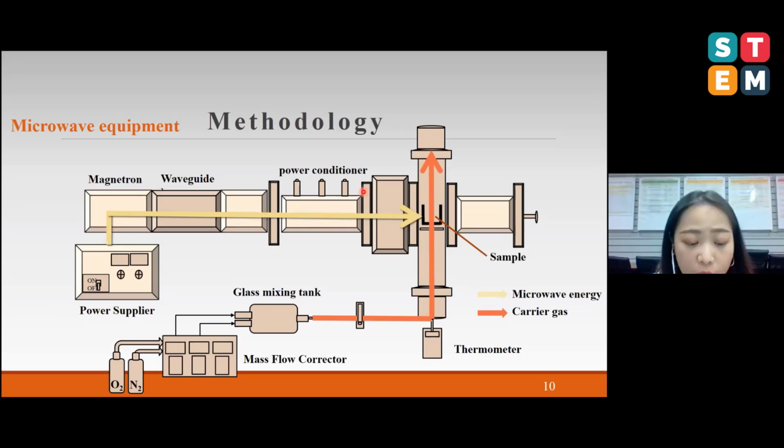The microwave is incident on the crucible and the sample by unidirectional radiation. The gas will first be adjusted by the mass flow meter to the required proportion, mixed through the glass mixing tank, and then enter the system.